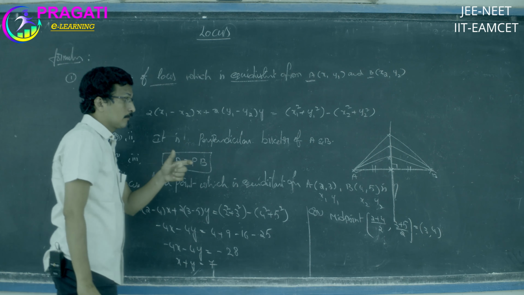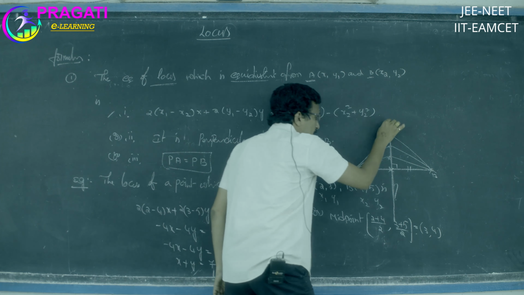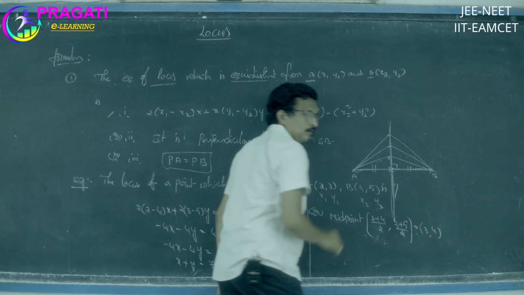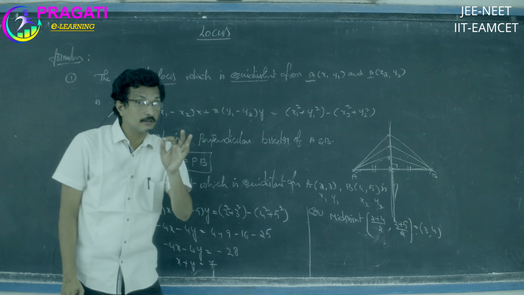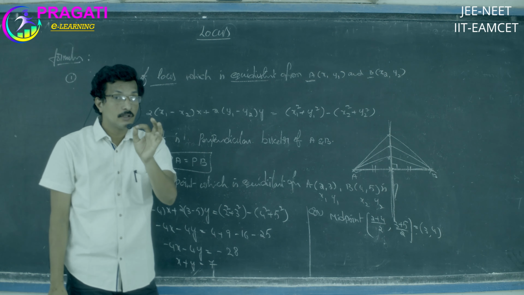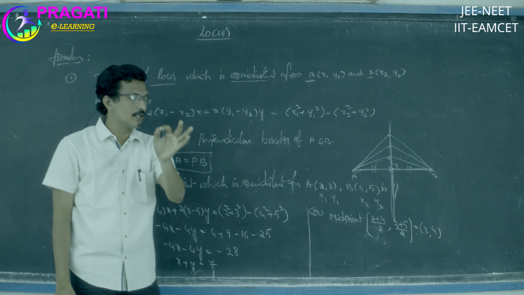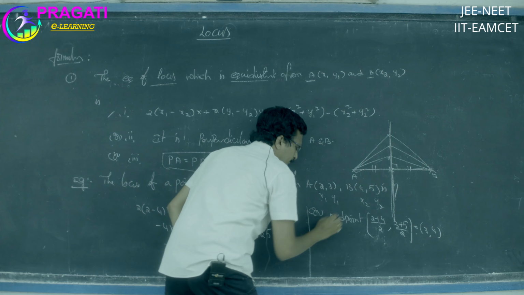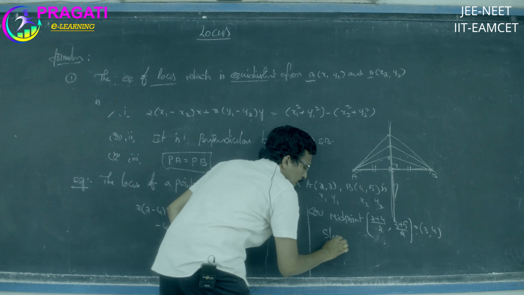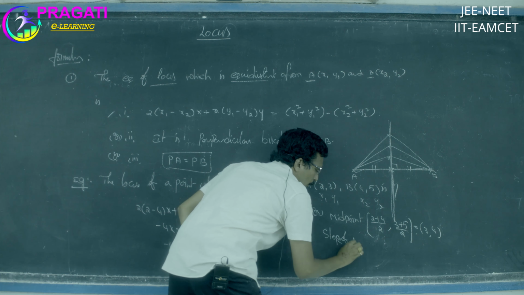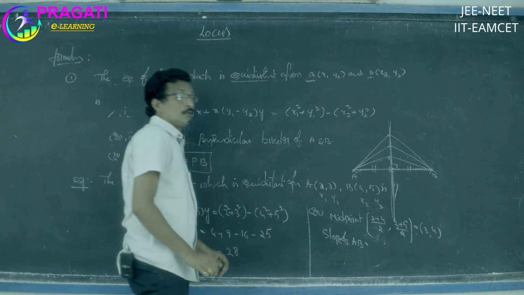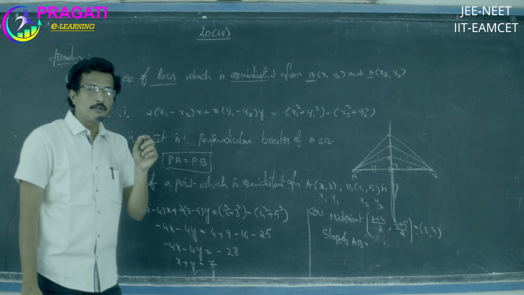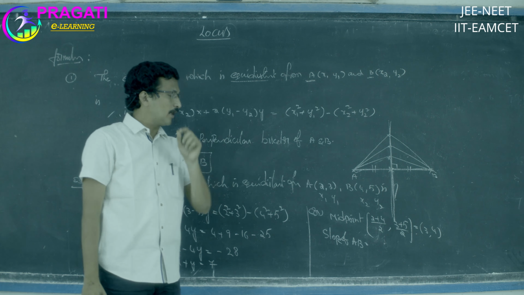And here the line is perpendicular to this line. If 2 lines are perpendicular, then the condition is m1 into m2 is equal to minus 1. Here slope of AB, slope of the 2 points is (y2 minus y1) by (x2 minus x1).